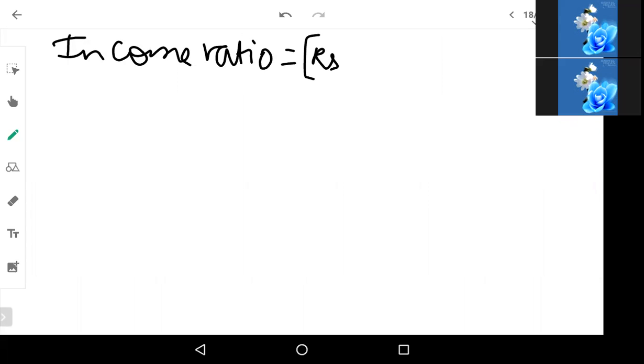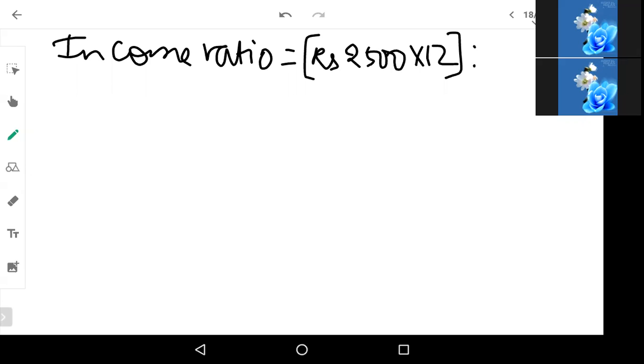So income ratio is equal to A's monthly income. A is getting an income of rupees 2,500 every month and we have 12 months in a year. We are finding the ratio, right?